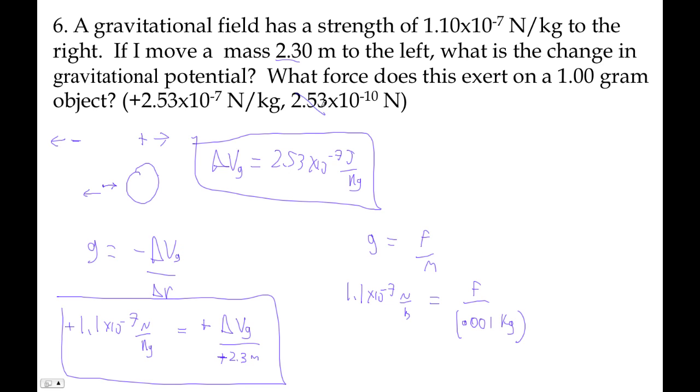Oh, that answer is wrong. Interesting. All right, good enough. Okay, so 1.1 times 10 to the minus 7th times 0.001 is 1.1 times 10 to the minus 10th newtons. There we go, of force.